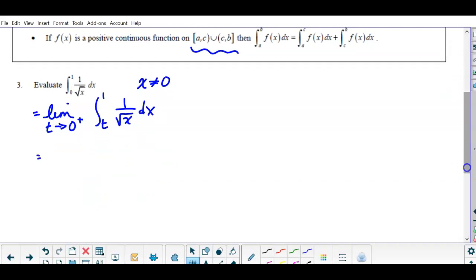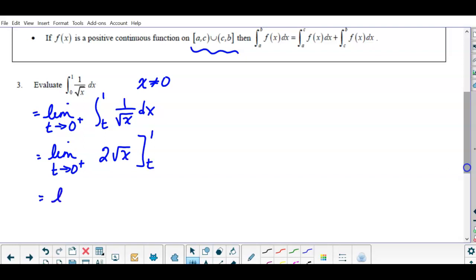So now, integrating that, that's x to the negative 1/2. So add 1 is x to the positive 1/2 over 1/2, which ends up being 2 root x, from t to 1.